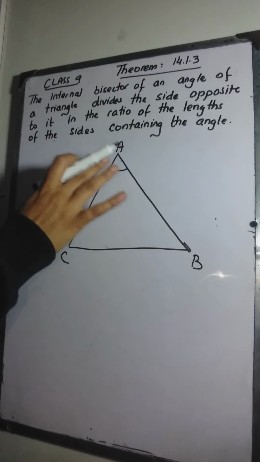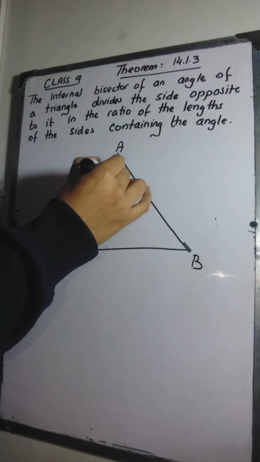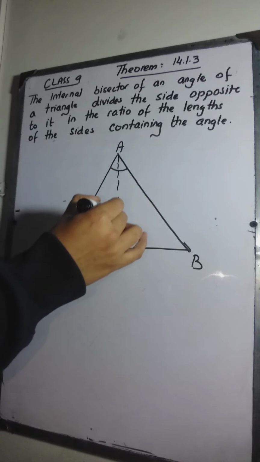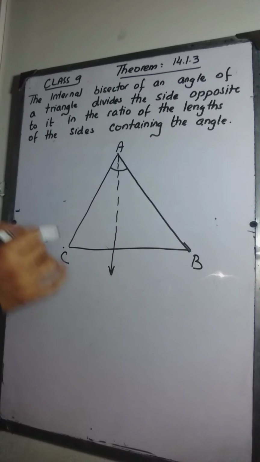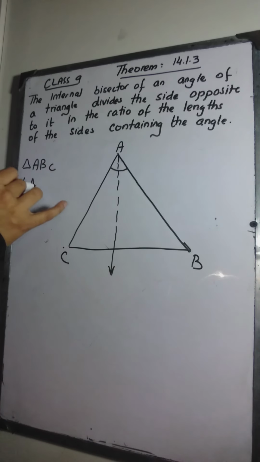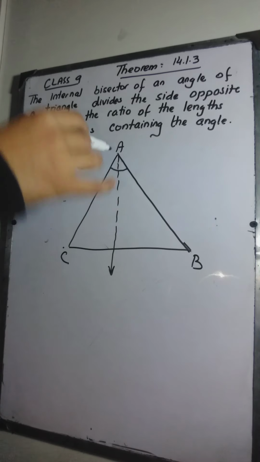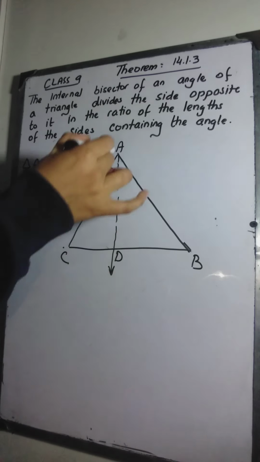Let A be the angle, and draw a bisector of this angle. We took an angle of triangle ABC and we drew the bisector AD. AD is the bisector of this angle A.